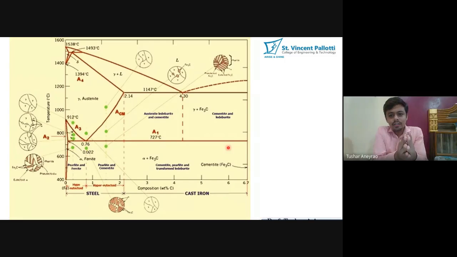This carbon content is going to be depleted in some other region locally. Due to this, the depletion in carbon content in that region creates another phase, which can be an alpha phase. We have seen that alpha ferrite, or ferrite, is the purest form of iron with 0.008% carbon. So that is going to be created there locally.